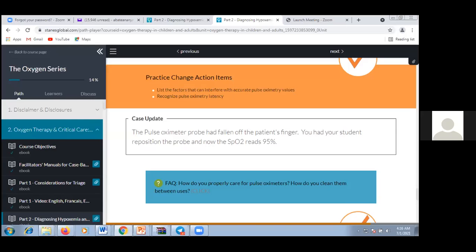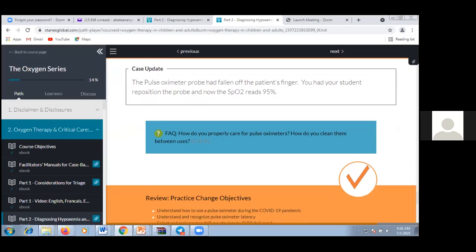Now, let's go back to this patient case, and let's say the pulse oximeter had fallen off the patient's finger, and you had your student reposition the probe, and now the SpO2 reads 95%. So this means previously the pulse ox probe was not appropriately placed on the finger.